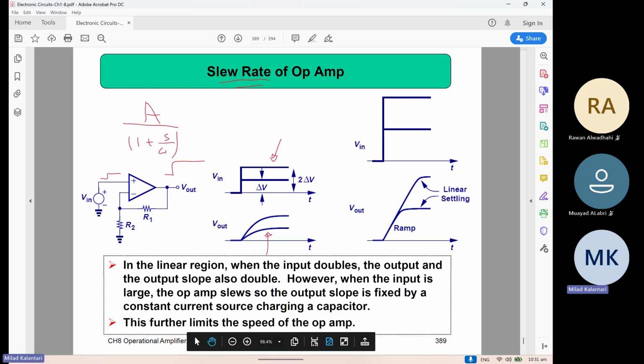So what you are seeing is that the output is changing exponentially and reaching the final value. Then if you increase the size of the input step a little bit more, you expect a higher step at the output, but since there is a pole, it reaches the final value exponentially, like this.